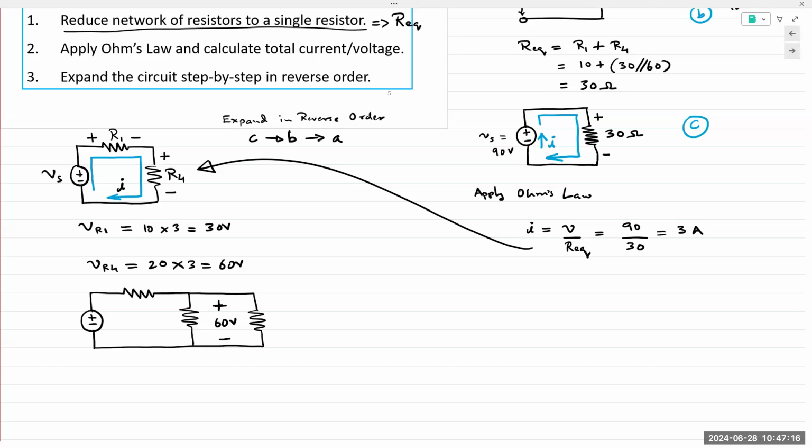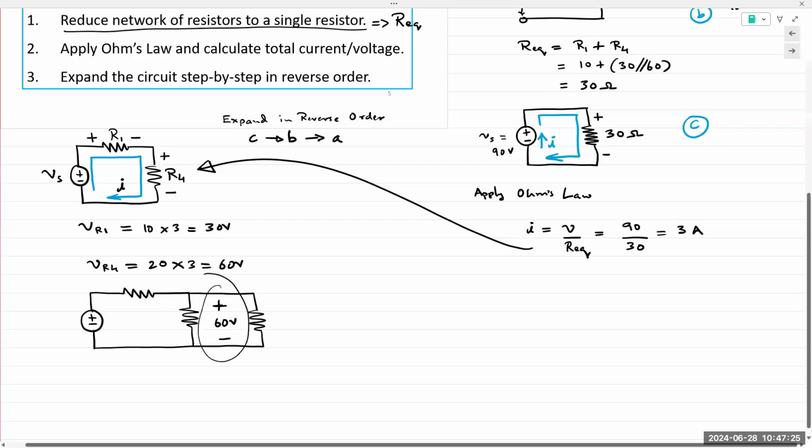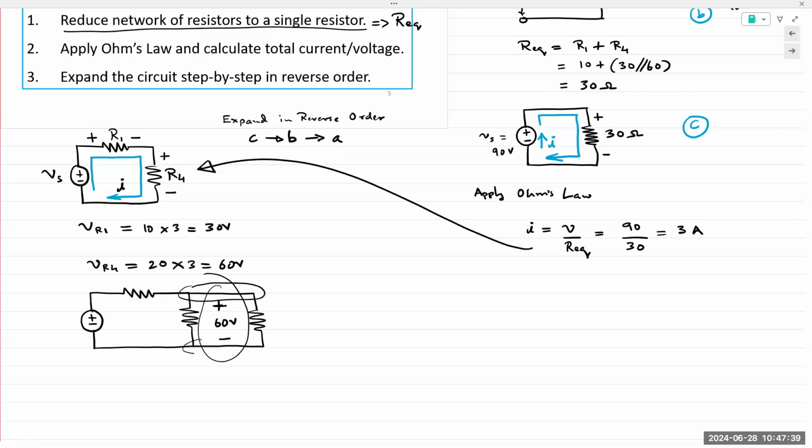In circuits, electrical engineering, this is a standard accepted convention. When you see a plus and a minus sign with some numbers in between, it indicates that the voltage between those two nodes is 60 volts. And this node is exactly the same for both resistors. So the 60 volts applies to both of them. It applies to R2 and it applies to R3.